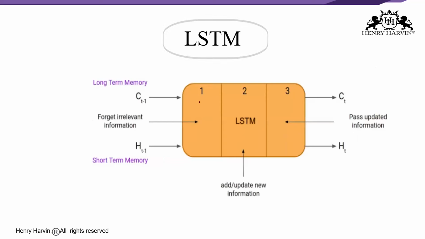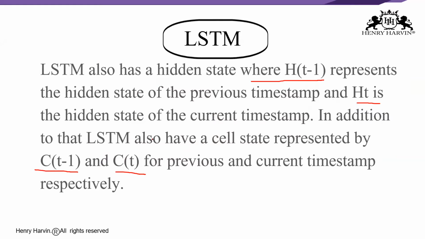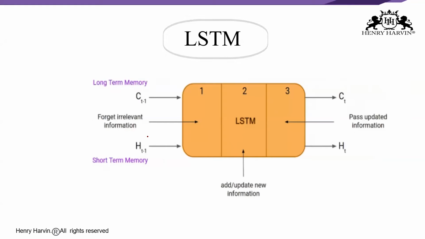Now look at this. Here you can see long-term memory C(t-1), H(t-1), C(t) and H(t). H(t-1) is the hidden state of the previous timestamp, H(t) is for the current timestamp, and this is for the cell.